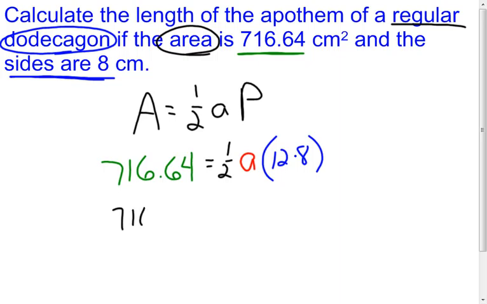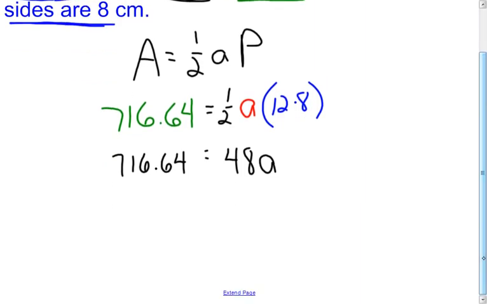This side's not going to change for the time being. Equal to 1/2 times 12 times 8. And 1/2 times 12 is 6, and 6 times 8 would be 48. So 48a. And then divide both sides by 48.